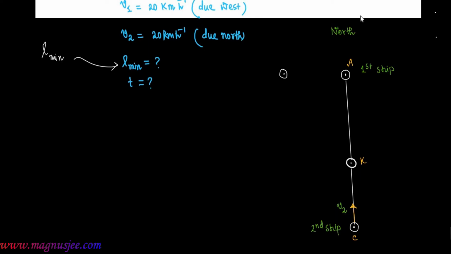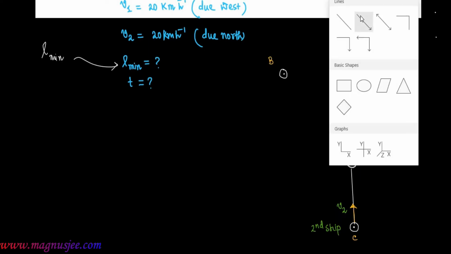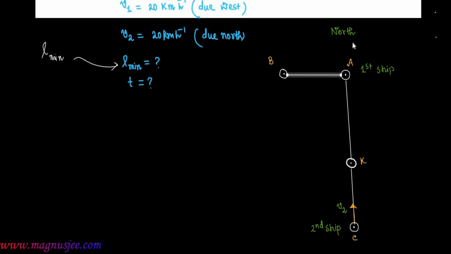First ship was at the point A, and it is moving due west towards the point B with the velocity v1. At t equals 0 second, the second ship was at the point C, and at the instant t equal t second, the second ship reaches the point K, and the first ship moves to the point B.